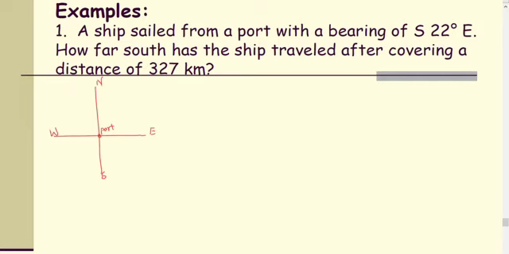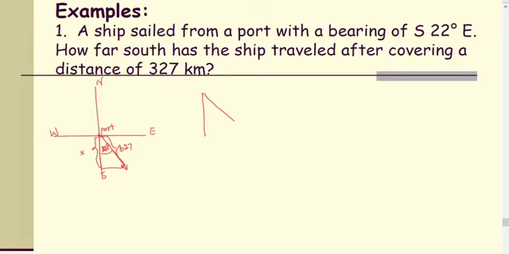The ship sailed from the port with a bearing of south 22 degrees east. The question is how far south? We let it be x. Over here is 327 kilometers.